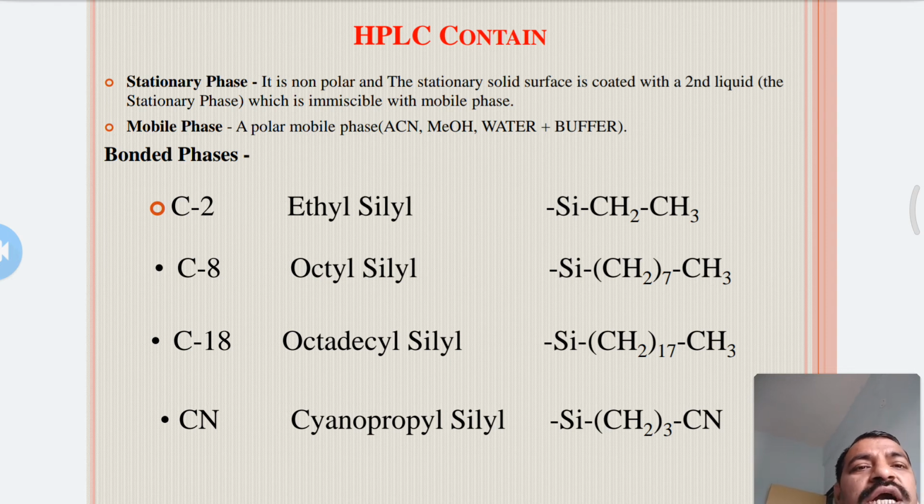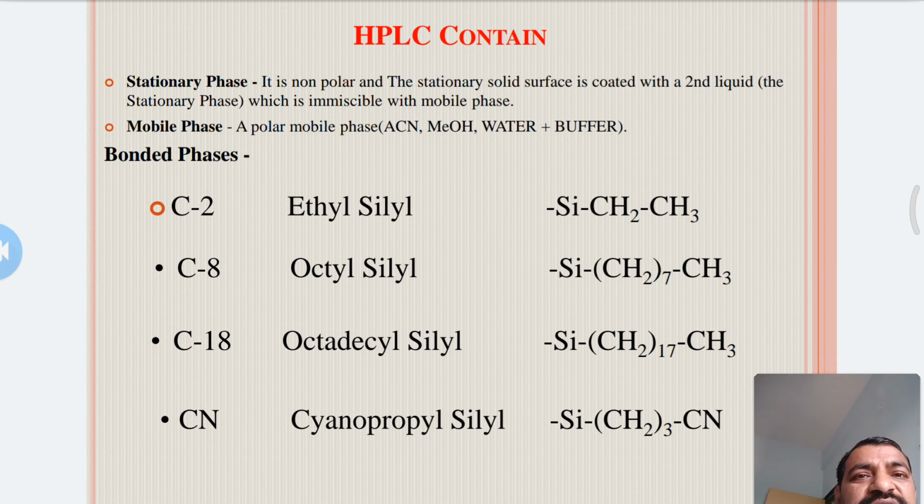C8 octyl silyl is used in this. What is C18? C18 is octadecyl silyl as a stationary phase, and here its molecular formula is shown. And last is the stationary phase Cn, meaning cyanopropyl silyl.